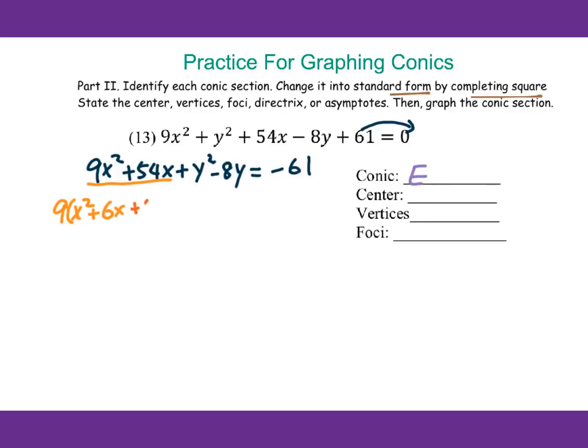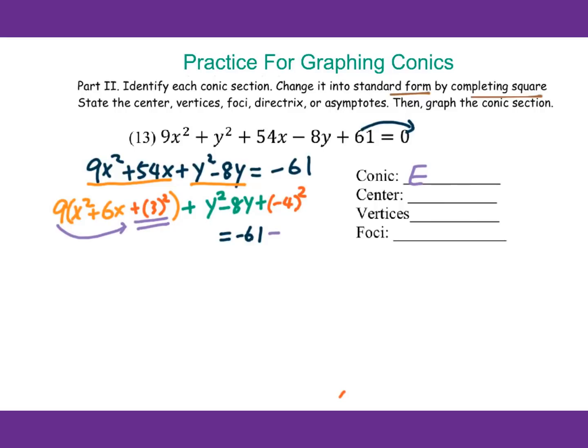You need to add b over 2 squared, which will be 3 squared. Then for the y part, I add y squared minus 8y plus b over 2 squared, which will be negative 4 squared. Then equals negative 61. Since you add b over 2 squared over here, don't forget this factor.